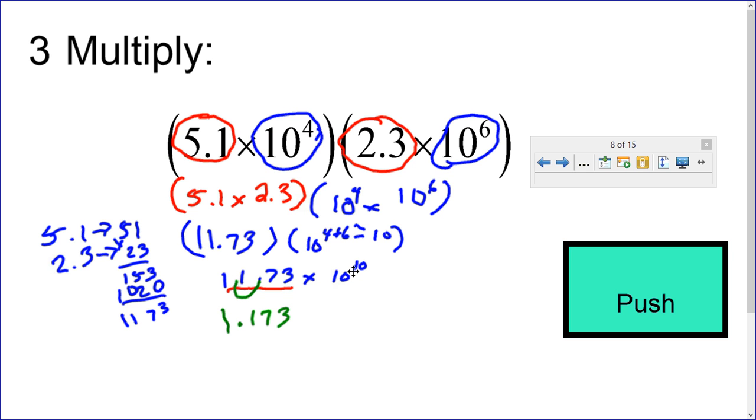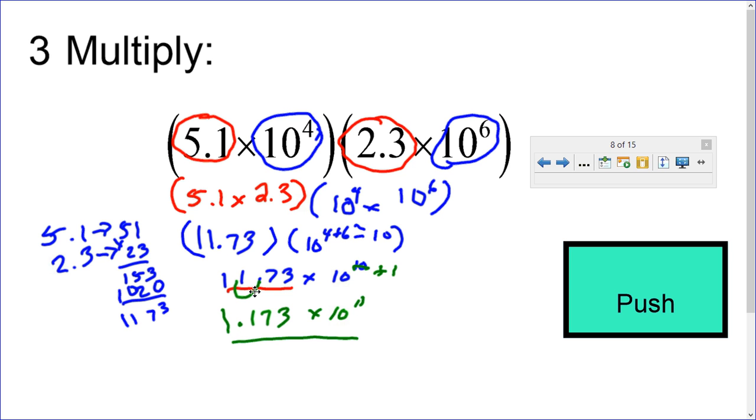So instead of 10, I'm going to add 1 to it, and that ends up being 10 to the 11th. And that's going to be my scientific notation. So 1.173 times 10 to the 11.